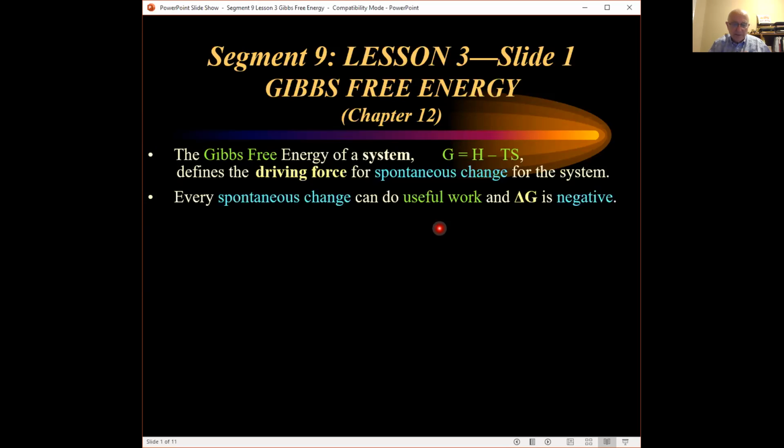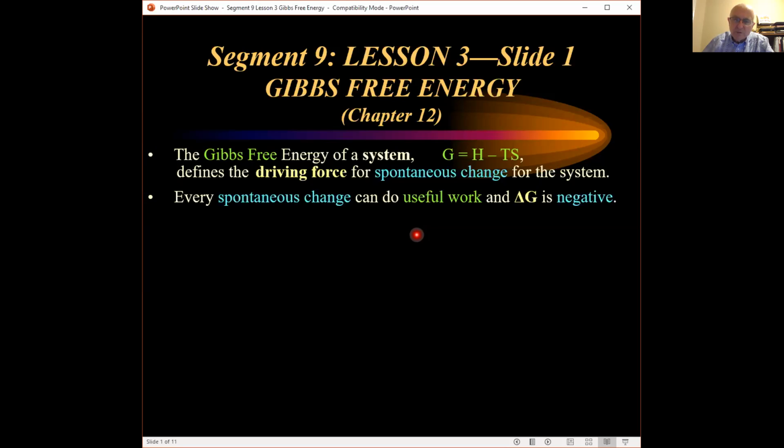For example, if I had 6 moles of gas in an initial state, reactants, and it went to the final state, products, but there were only 3 moles of gas present, if the pressure is constant, then the volume will decrease during the reaction, which means the surroundings would compress, would come inward, and that would cause work to be done, but it's not a useful part of work. That PV work just has to be done to go from state 1 to state 2.